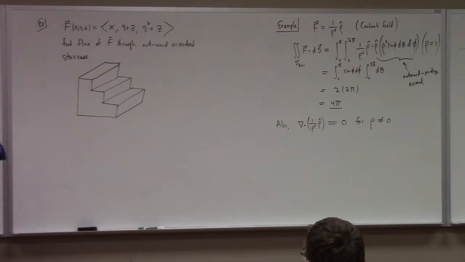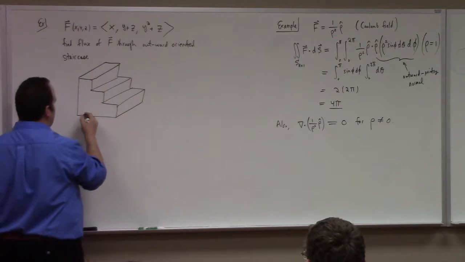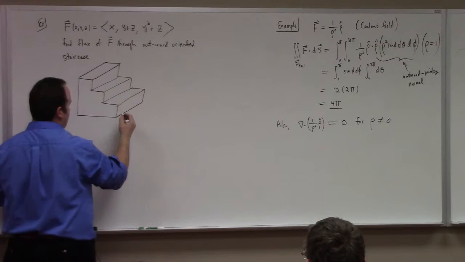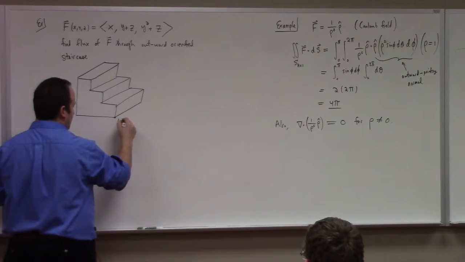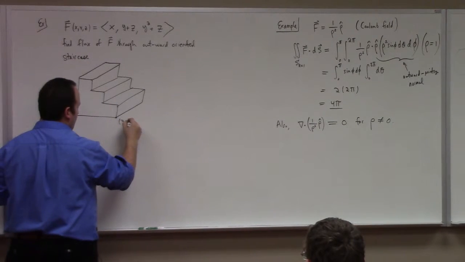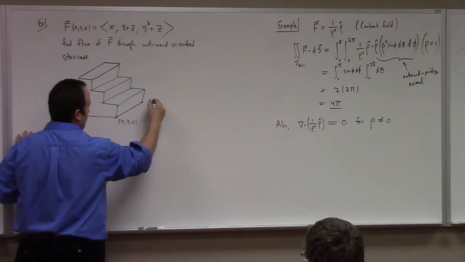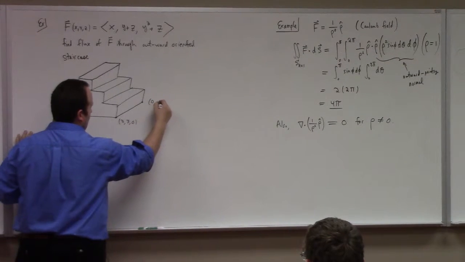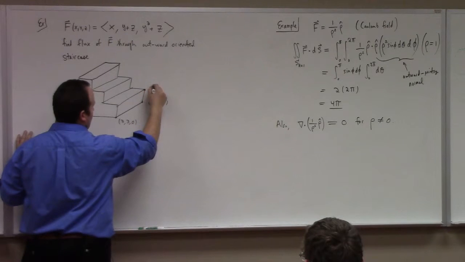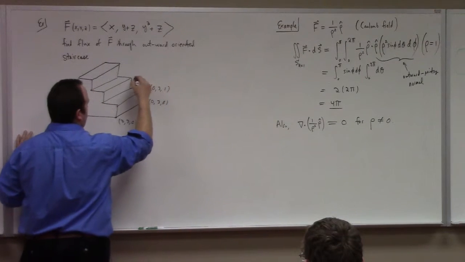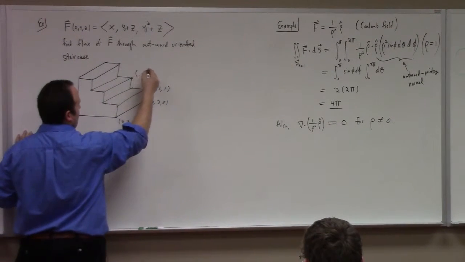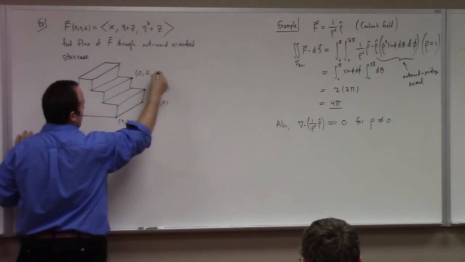Now, let's see here. This staircase, I'll make it relatively simple, as staircases go. Let's suppose that this point is 3, 3, 0. This point here is 0, 3, 0. This point is 0, 3, 1. This point is 0, 2, 2.